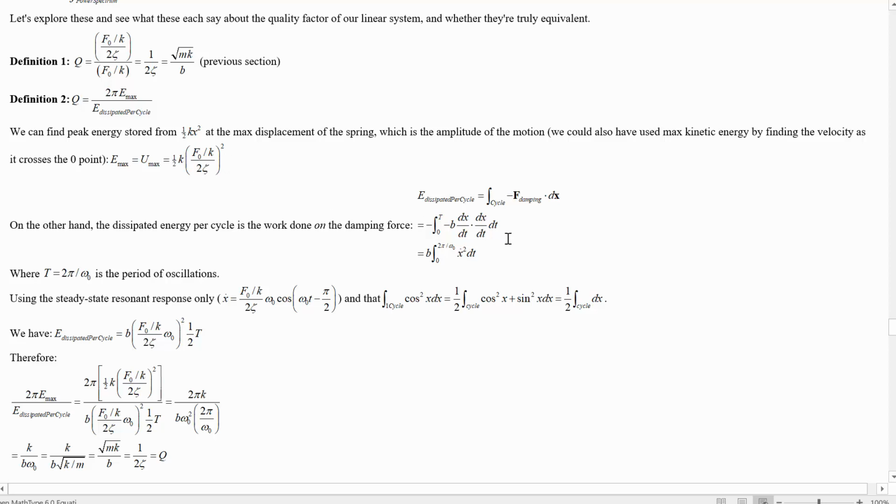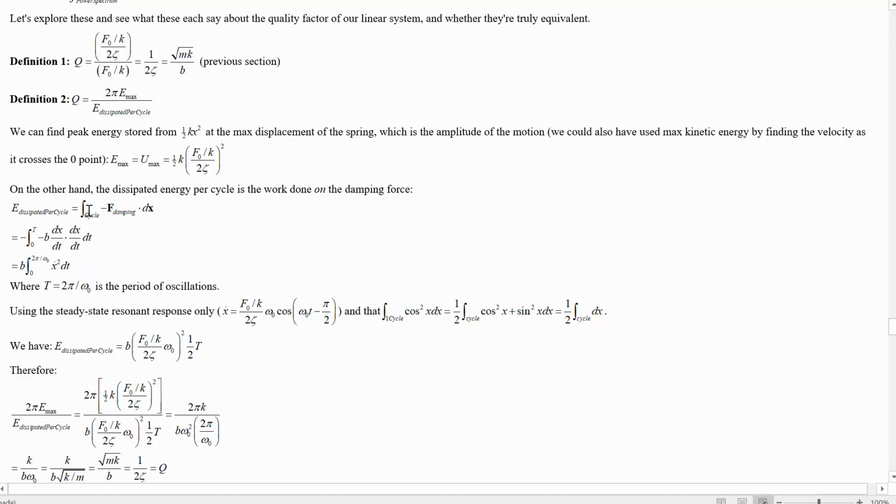The energy dissipated per cycle is a little bit more tricky, right? So we'll say the energy dissipated per cycle, you would have to integrate over the cycle the force dotted with the displacement. The work done by the damping force would just be F damping dotted with this displacement.